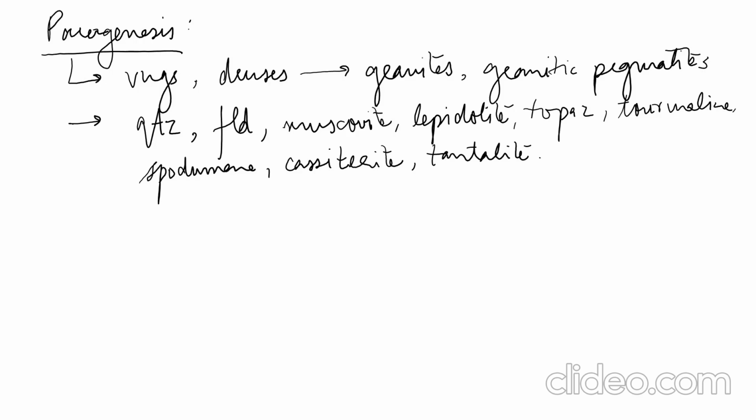The occurrence of beryl in granitic pegmatites is related to the size of the beryllium ion. Okay, the smallness, because beryllium is too small.